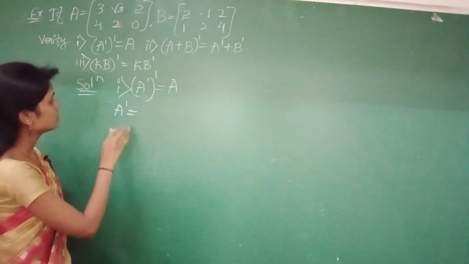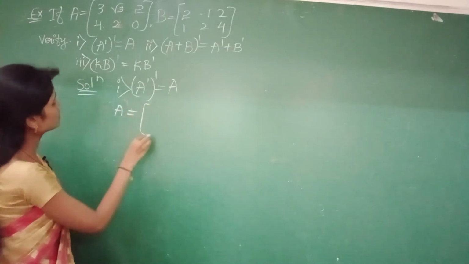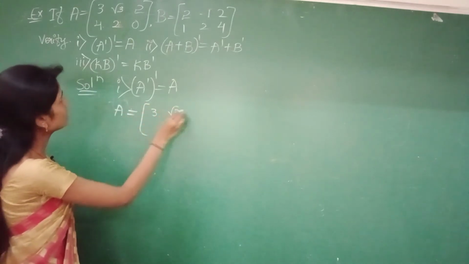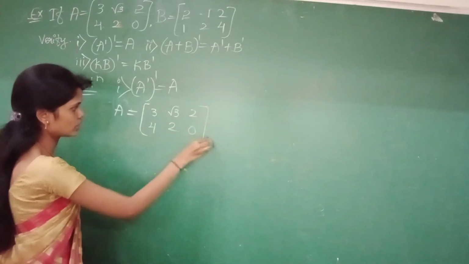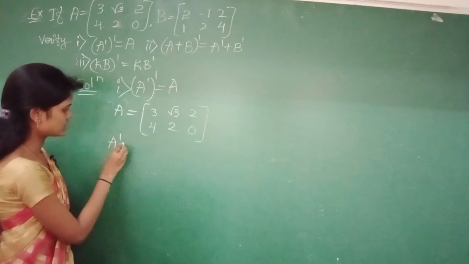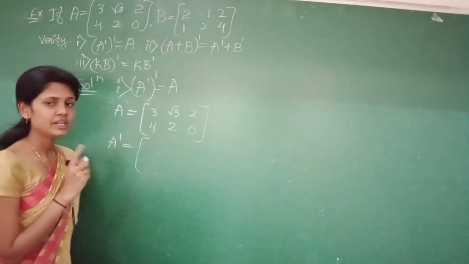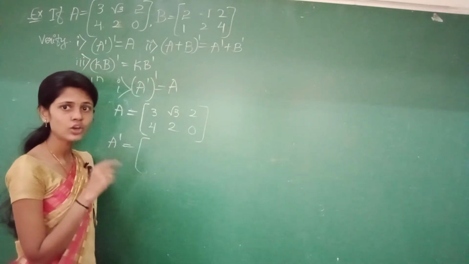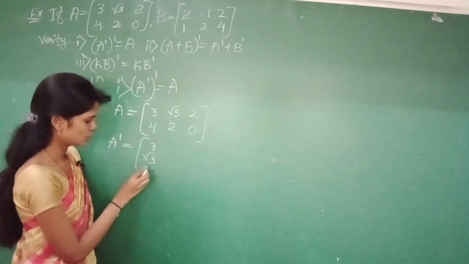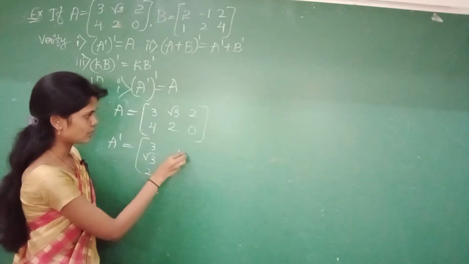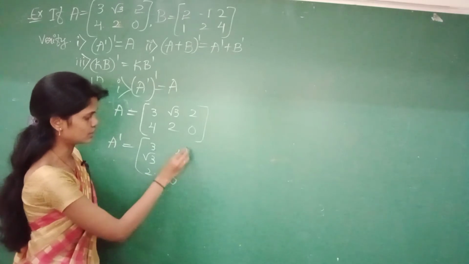So what is A dash? A is given. Firstly you write A = [3 root 3 2; 4 2 0]. Okay, so the transpose of this matrix will be what? Interchanging the rows and columns. So the columns are 3 and 4, root 3 and 2, and 2 and 0.